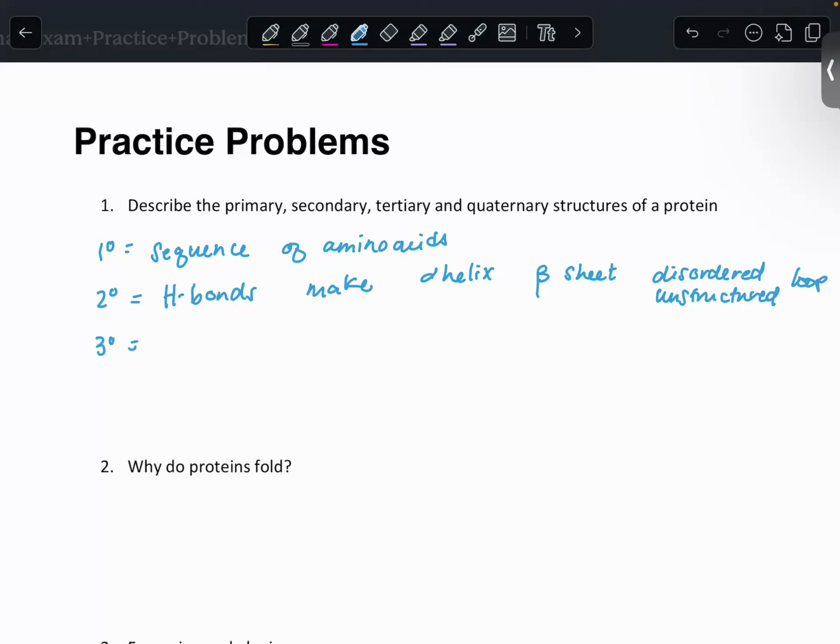Tertiary. What is interacting with our tertiary? What part of our amino acids? R groups. What kind of bonds or interactions are our R groups making? Yes, that's one. What are the other two kinds?